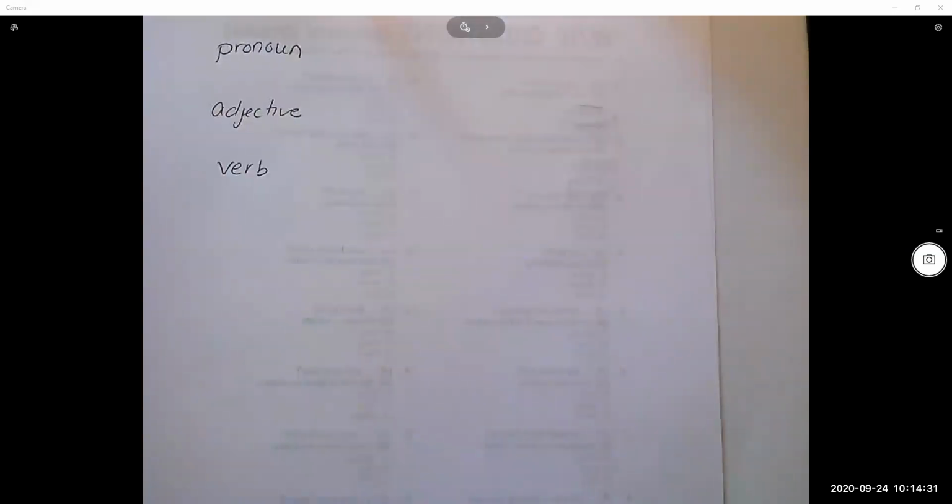If I have, oops, you can't see the top one. There we go. Noun, pronoun, adjective, and verb. Those are four of our parts of speech. Those are my options. If I have examples on the other side and I want to match them, sometimes that can be difficult. I'm going to go ahead and write those now.